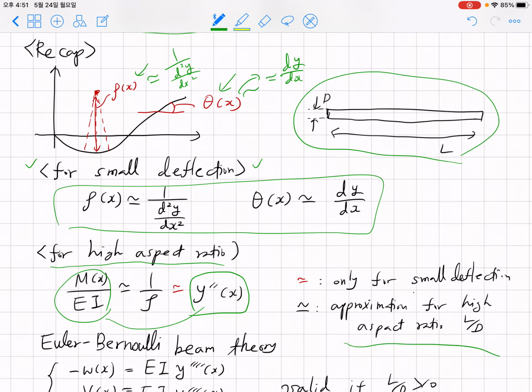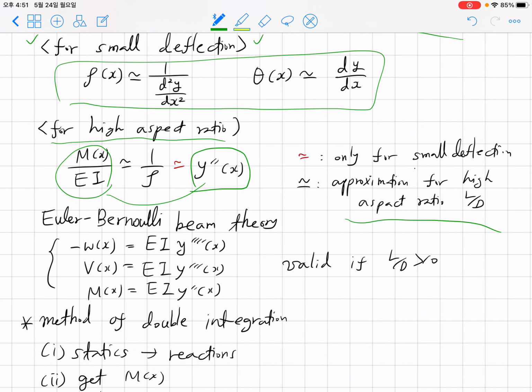If L over D becomes small, the contributions from shear force, shear stress and shear strain affect the elastic curve, and because of that we cannot use Euler-Bernoulli beam theory. Euler-Bernoulli beam theory is simply rewriting the equation as the second, third and fourth derivative of y.